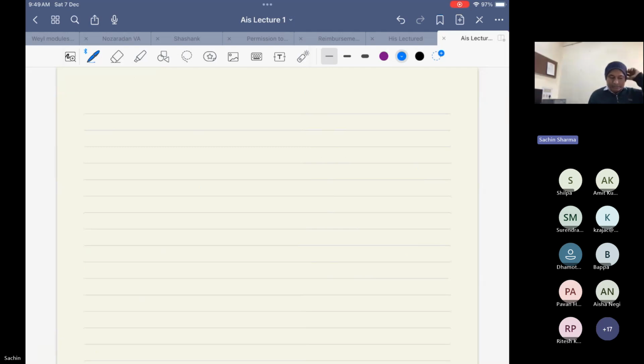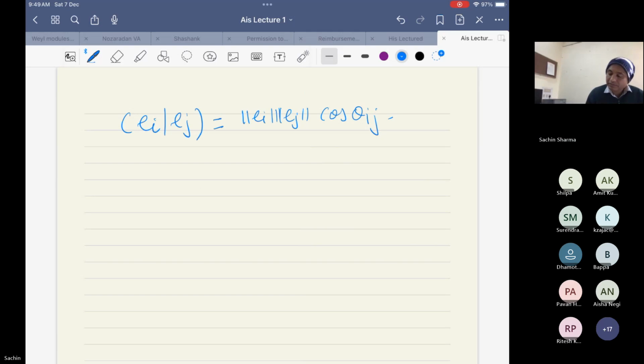So unit vectors, and so by the thing, what is their inner product? This is just nothing but cos theta ij, where theta ij is the angle between them.